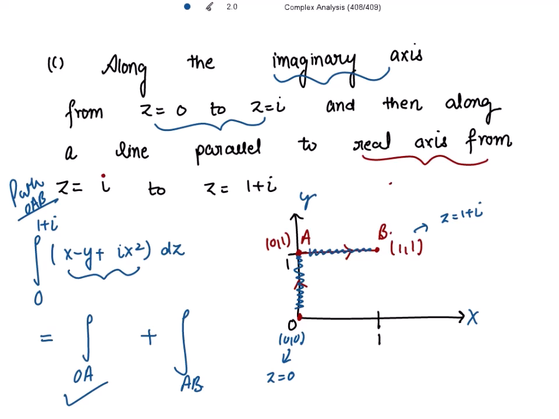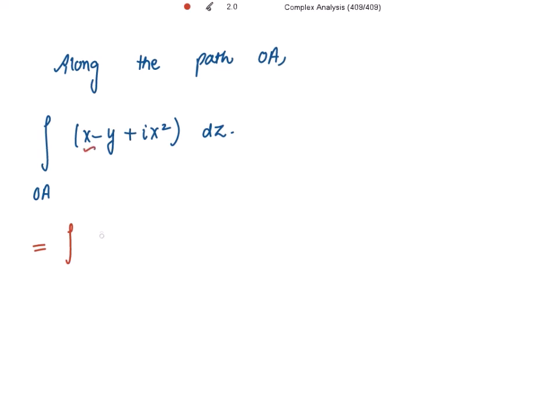Along the path OA, x vanishes. So x is 0. So we have minus y plus iota times 0, so we have only here minus y. And dz will be dx plus iota dy. x is 0, so dx will be 0. So this is iota dy.